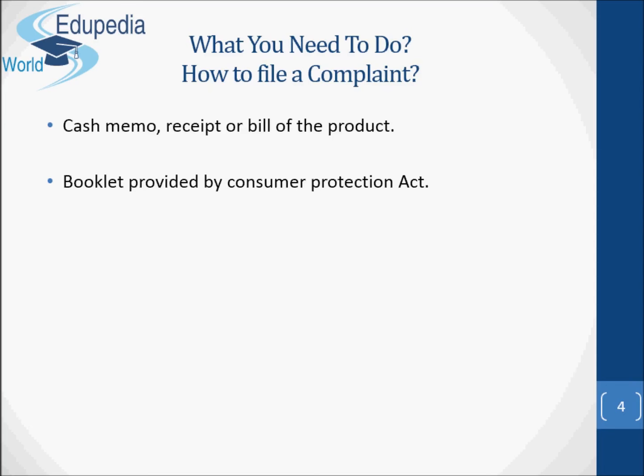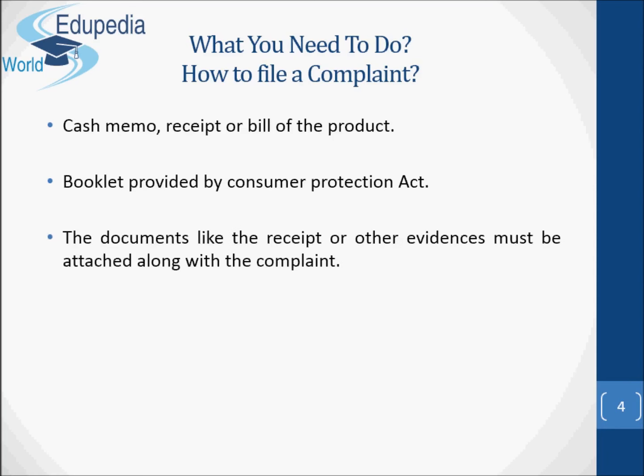The consumer should be clear about the fault and what he or she wants as a remedy, that is to say, a replacement or a refund or compensation in case of a service. The documents like the receipt or other evidences must be attached along with the complaint. There have to be 3 copies of the entire set, one for the complainant, one for the other party against whom the complaint has been made, and one for the consumer court.